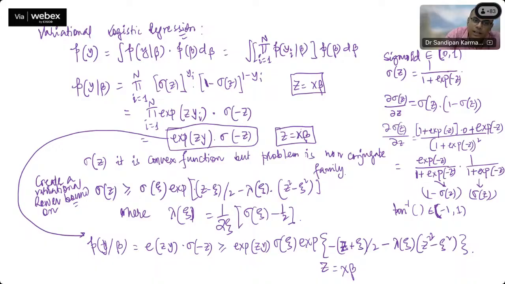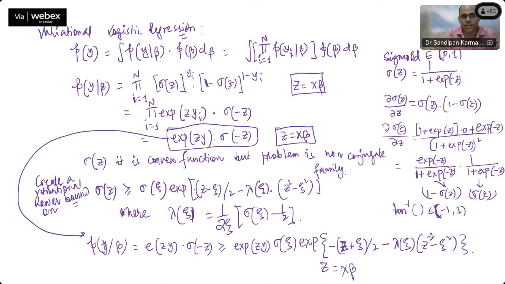This is why this trick was used. It is called the local variational method. Did you understand this? This is coming from Taylor series expansion, and it is telling you the local variational method. I'm basically looking at the local nature of this particular function.